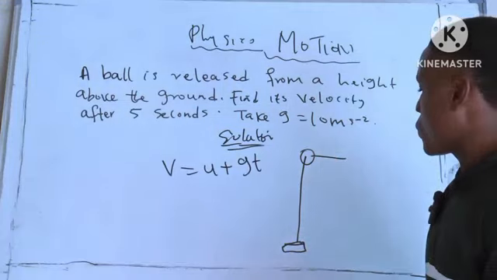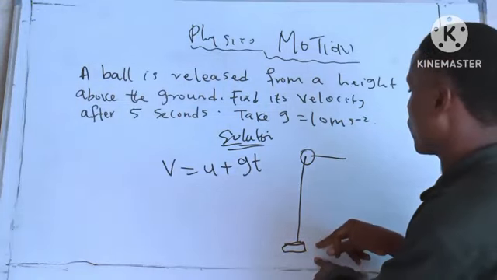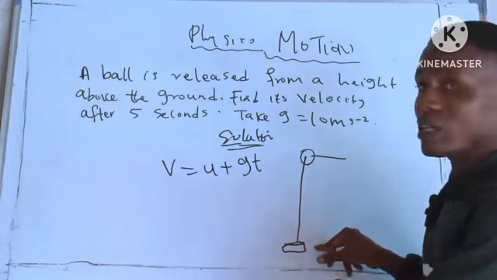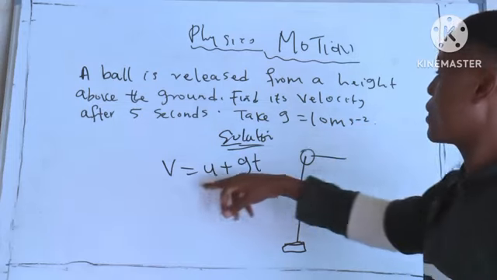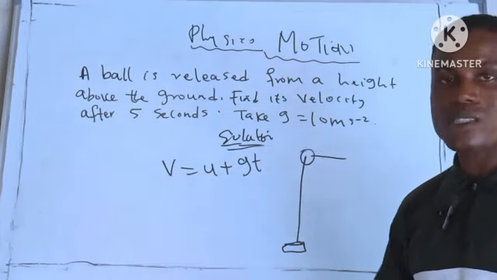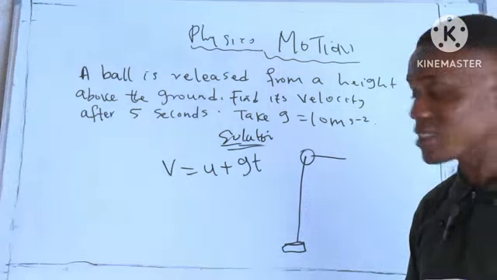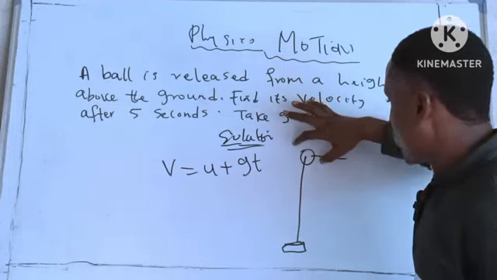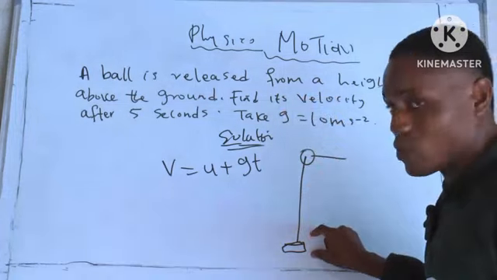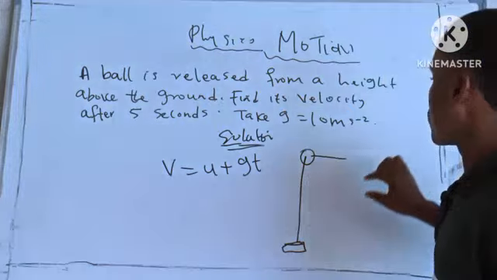But when you stand on the ground and you throw an object upward, the final velocity is 0. Let me explain again. This is the top of the building, while this is the downside.